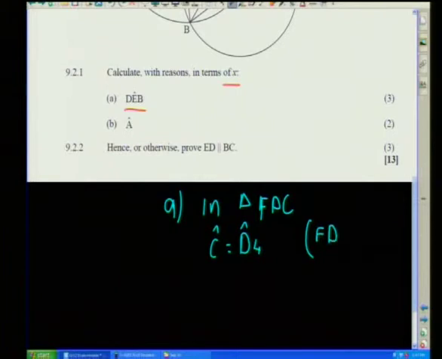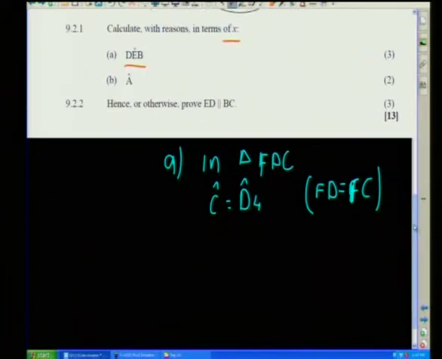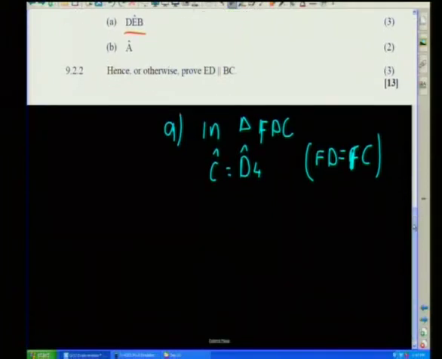It is important when you set up your geometry proofs that you put reasons. Remember, you do get marks for those reasons, so put in reasons that make sense. So angle C is equal to angle D4, because FD is equal to FC.